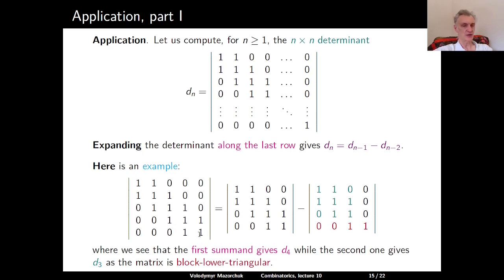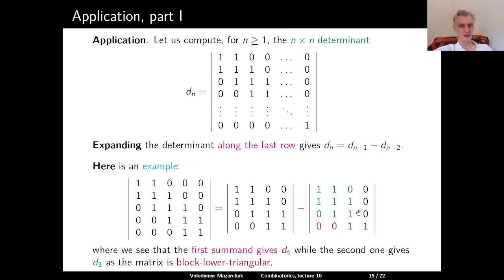The summand for the diagonal element will have sign plus, and when we delete the last row and last column, we just get d_{n-1} on the nose. When we delete the last row and the penultimate column, we will have such a determinant. Now it will also have sign minus because it's next to the sign plus thing.